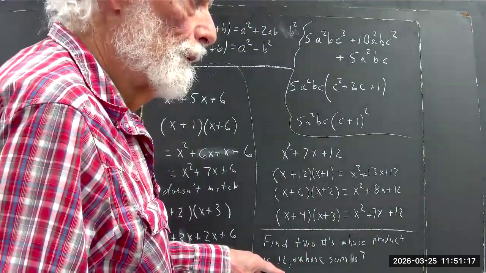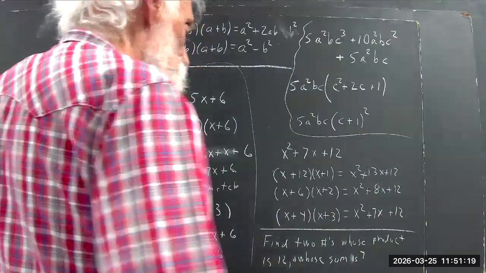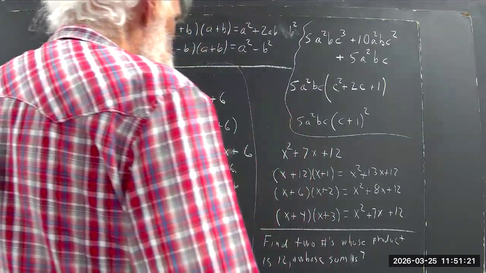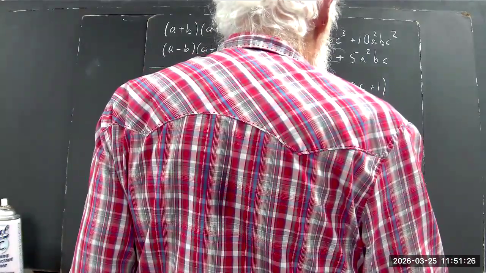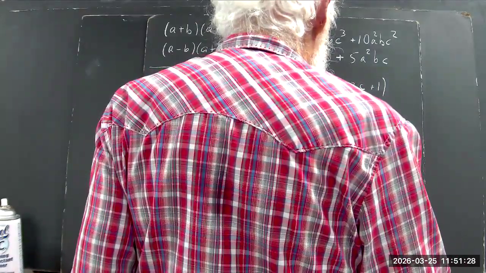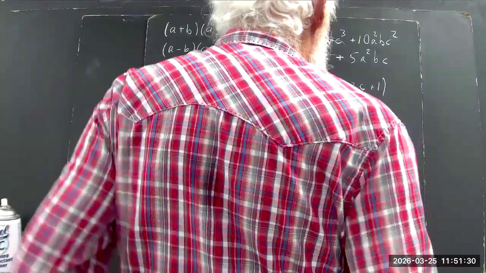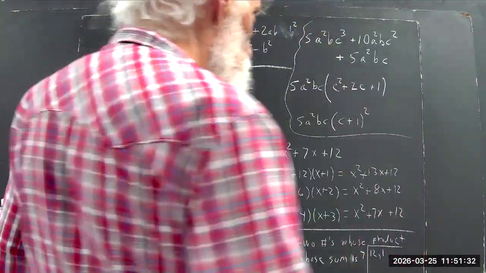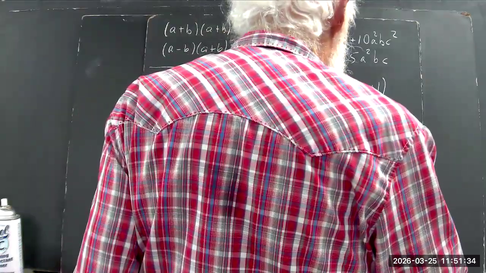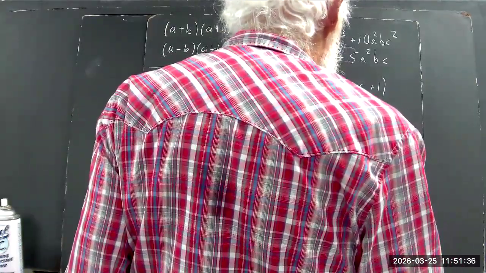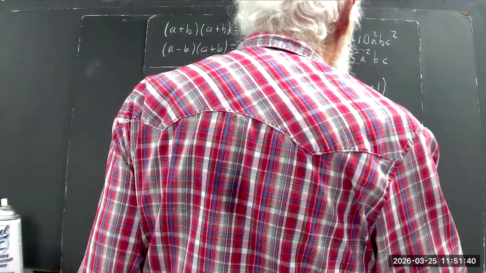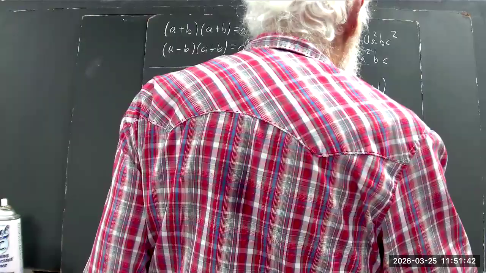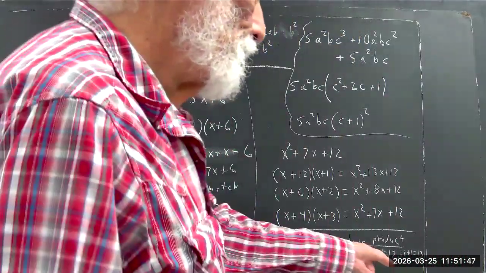Well, there are 3 possibilities. We could try 12 times 1 equals 12. 12 plus 1 equals 13.